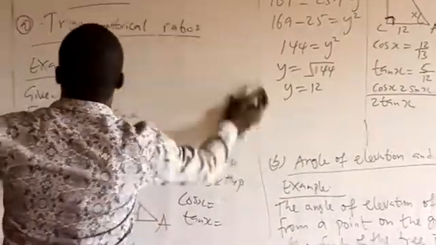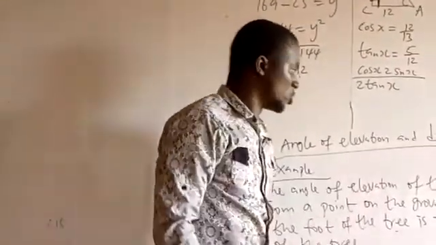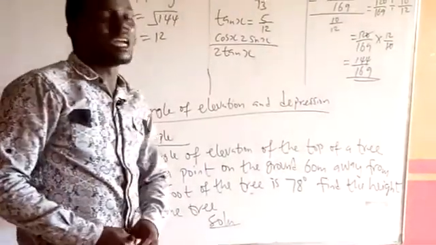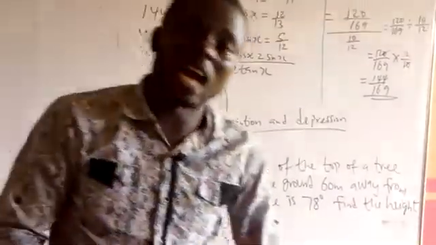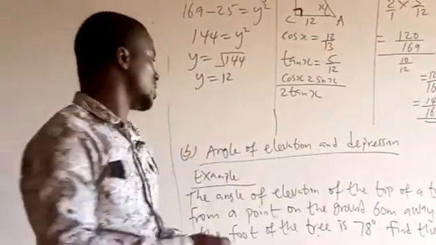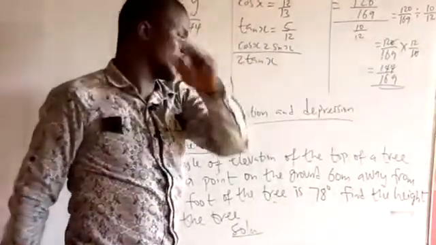Alright, so let's solve this simple question on the angle of elevation and depression. But meanwhile, I will advise you to go to your reading part and solve further exercises and examples to enhance your understanding. So I should take only one example for angle of elevation and depression.